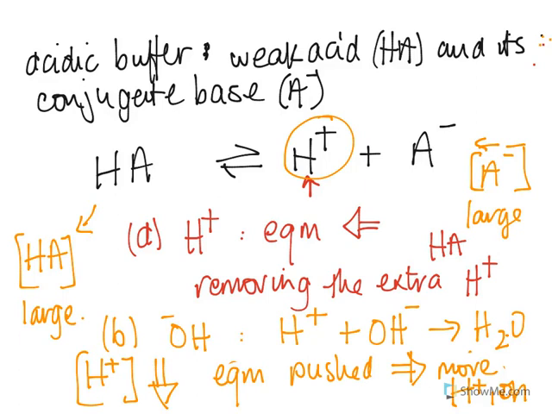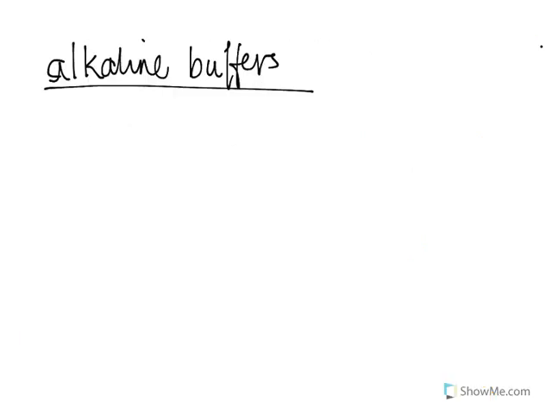And because it's the concentration of hydrogen ions that determines the pH, by removing the hydroxide and then reforming more hydrogen ions from the buffer equilibrium by pushing the forward reaction, we've effectively minimised the extra hydroxide that's been added and preserved the hydrogen ion concentration, thus preserving the pH.